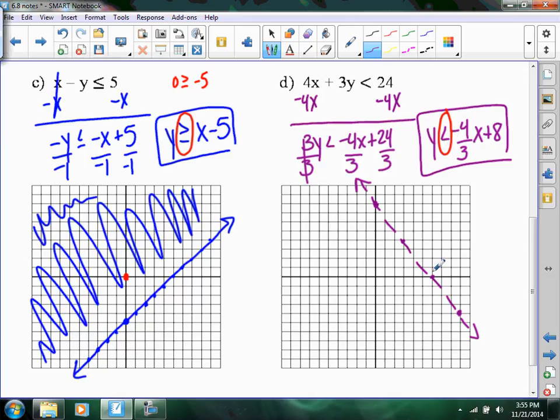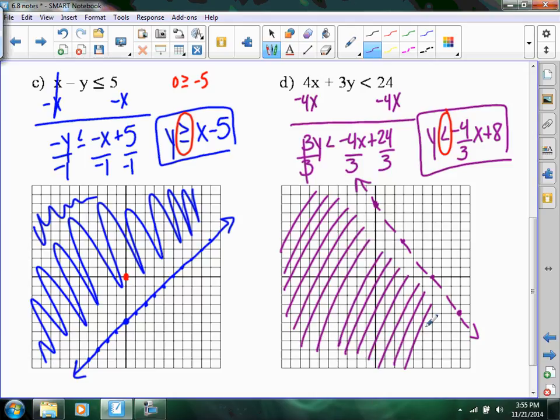Now again, if I could take this line and rotate it so that it was horizontal, below it would be on this part of the line. So visualize rotating it so it's horizontal and then rotating it back so you can shade appropriately. That's best demonstrated in class when you can see it.